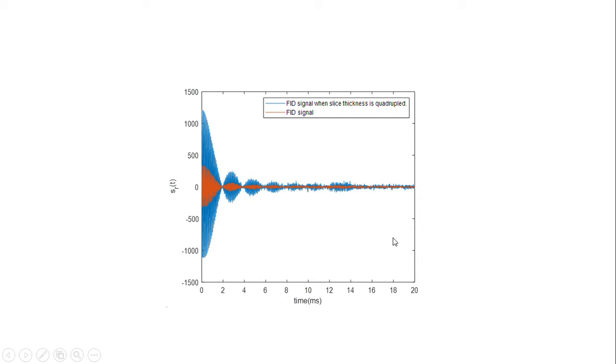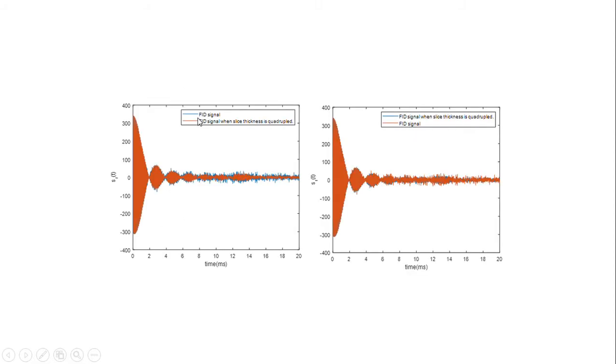Also, I simulate the FID signal with different slice thicknesses. In the blue one, the slice thickness is quadrupled, but when I scale it, I see the same shape.